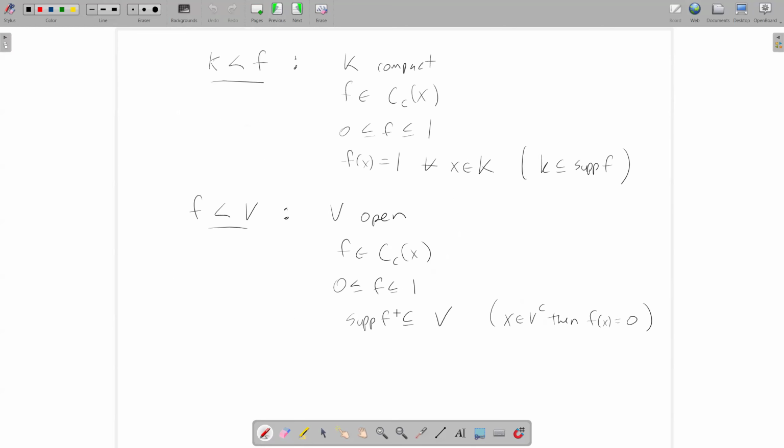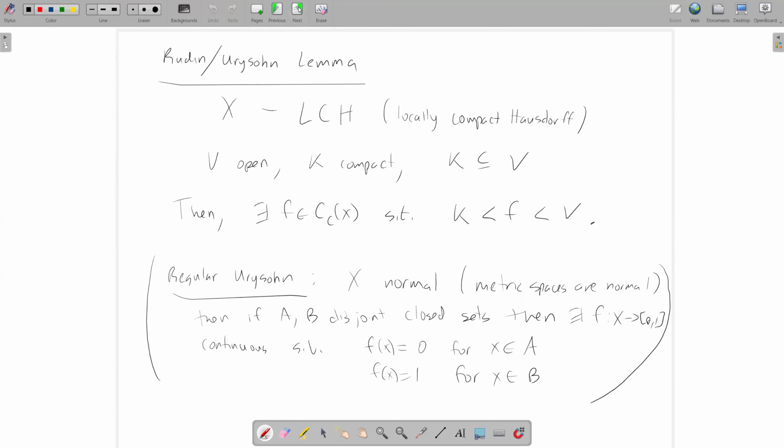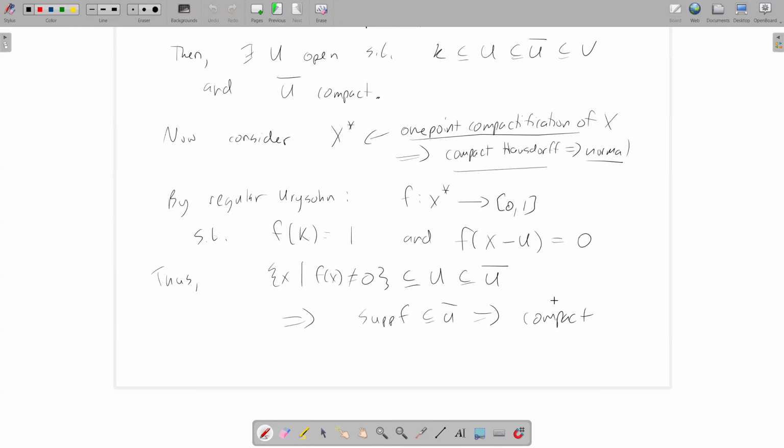So we wanted both of these. So we have this, we have all of this stuff. We have that, and we have this as well. Okay? Now this is on X star, so now to finish, restrict f to X. So f naturally has domain the one point compactification. Just restrict it to X, and boom, you have the function that you need.